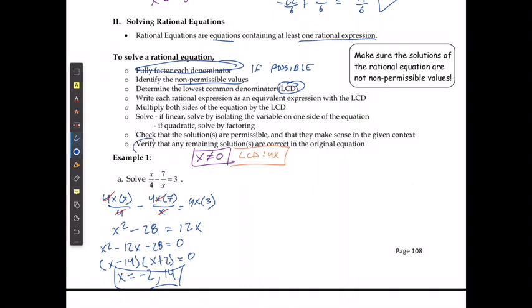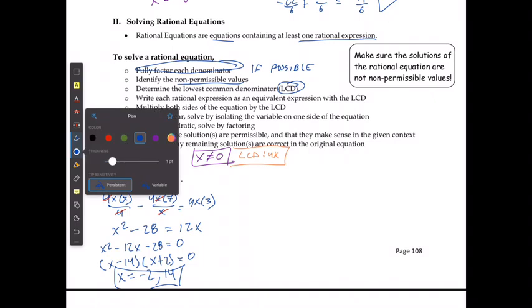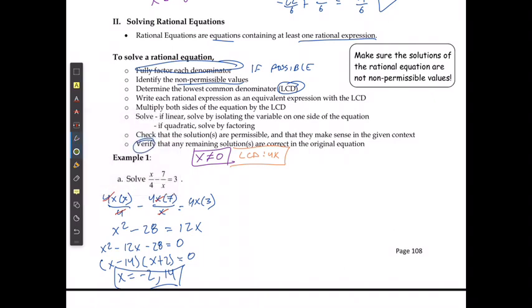Now I need to verify this. I got to double check that those actually work. So I'm going to state that in the first case, if I have negative 2 over 4 minus 7 over negative 2, does that equal 3?